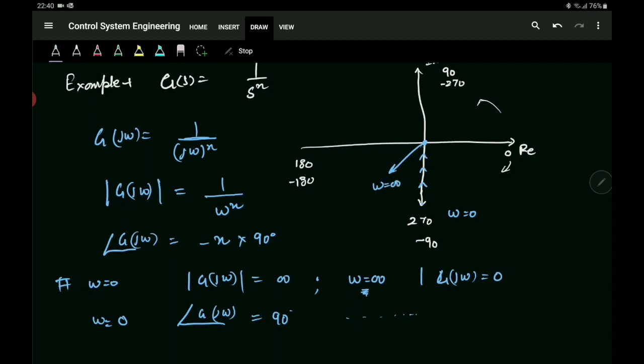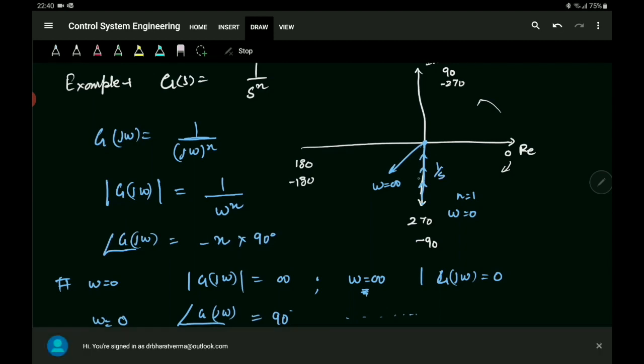So this is the polar plot for the type 1 system, 1 upon s.